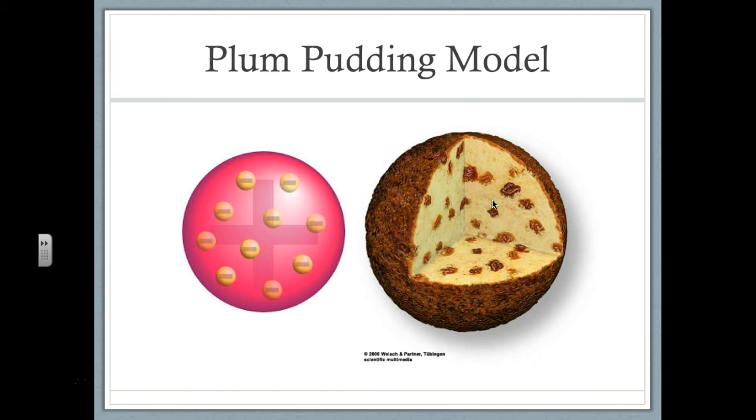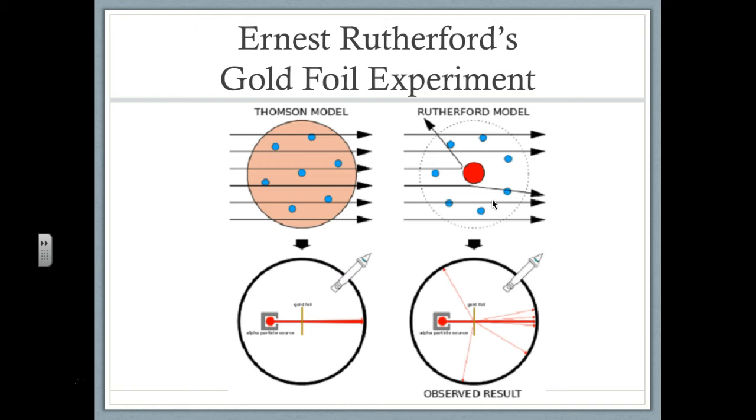Then one of his students, Ernest Rutherford, did the gold foil experiment. Now Rutherford totally hypothesized and totally predicted that if atoms kind of look like plum pudding, then all the alpha particles he shoots at that piece of gold foil will go straight through. Now before I get any further, please understand that a scientific model is not exactly what something looks like.